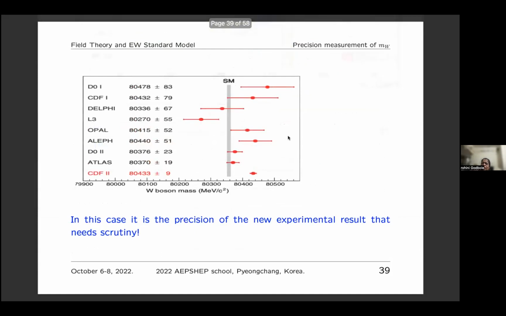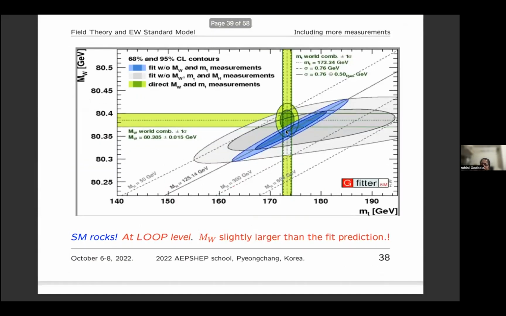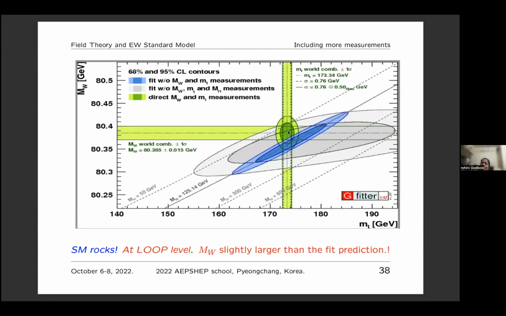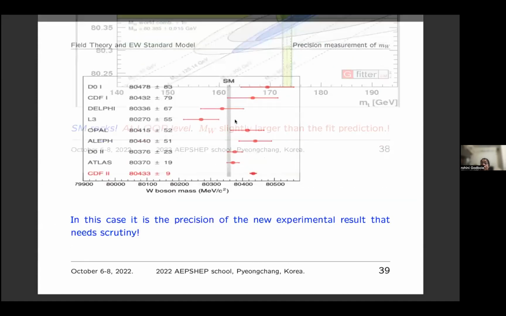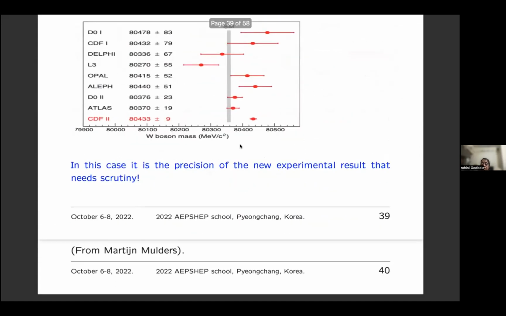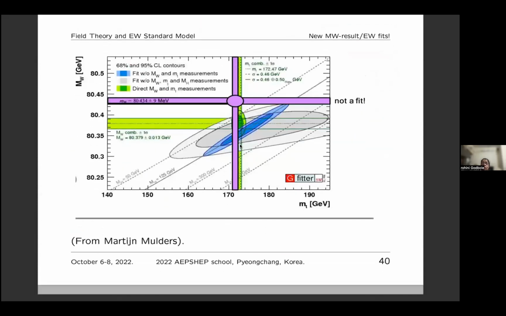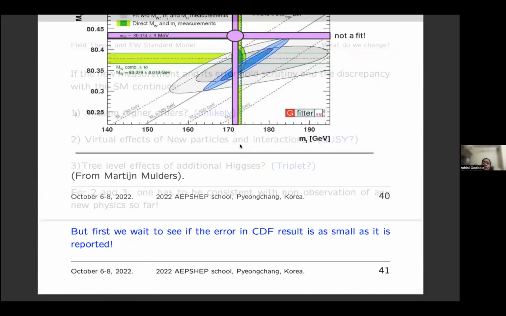That is the point that you want to see here: the fact that this agrees so well is telling you that if there is space for new physics, BSM contributions, it's really tiny as far as we look at the current measurements. The CDF measurement seems to say that it will throw it out of gear. But as I said, we really need to know whether this error is believable.